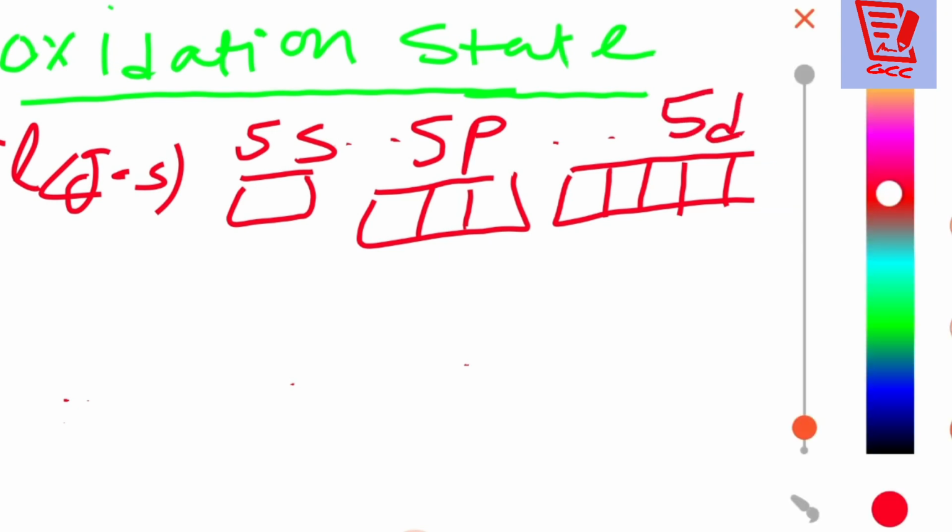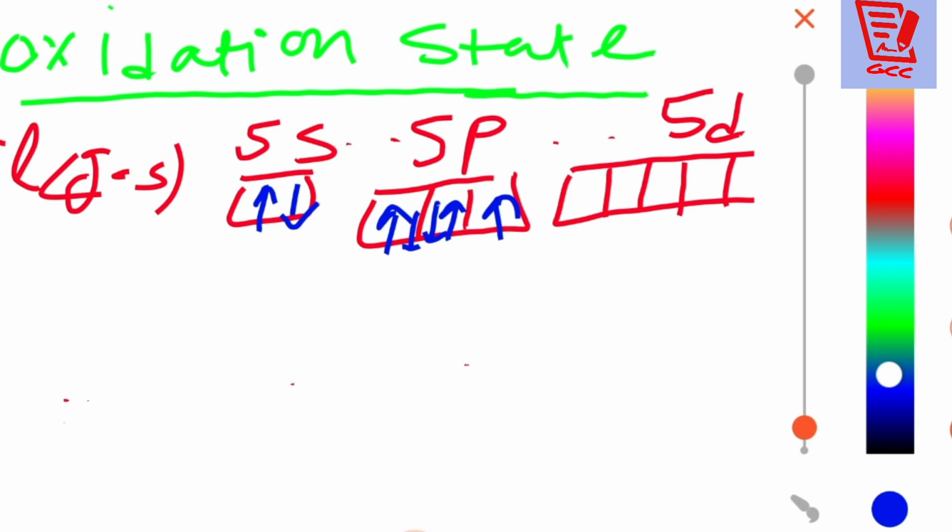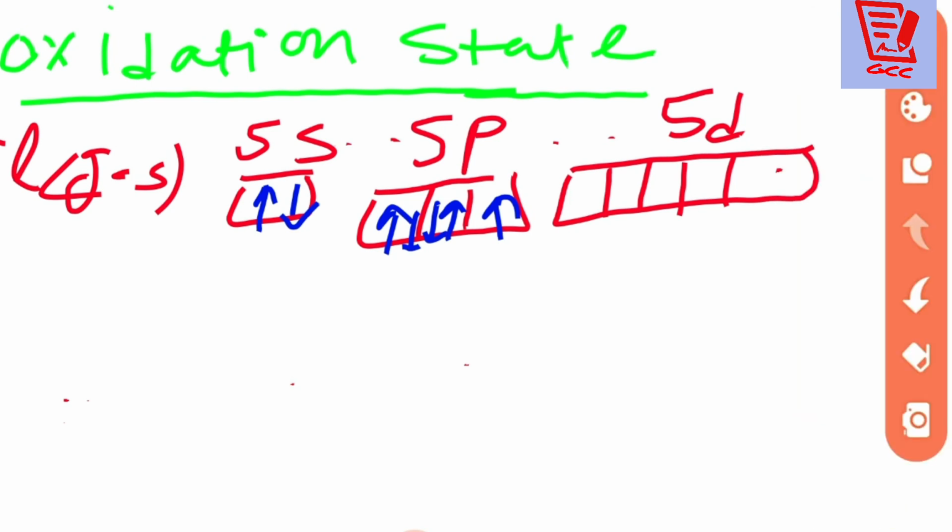Now we write the electrons. The s contains 2 electrons, the p contains 1 2 3 4 and 5, so this is p5. In this case only 1 electron is unpaired, so chlorine can show -1 or +1, both.